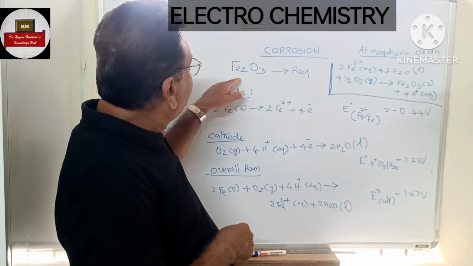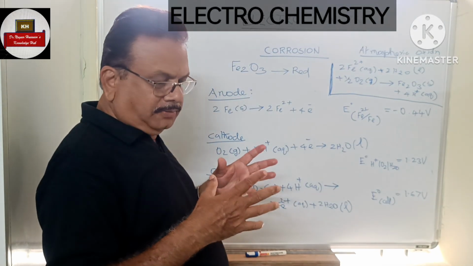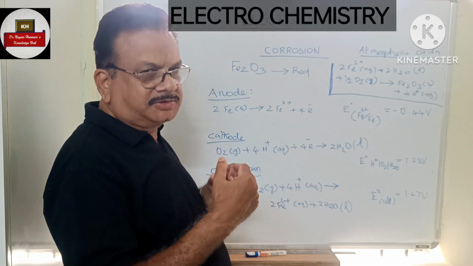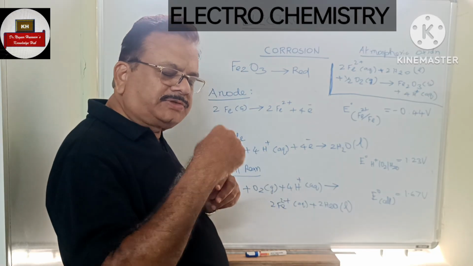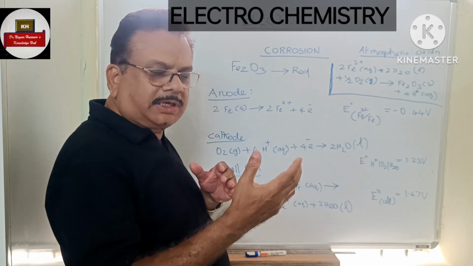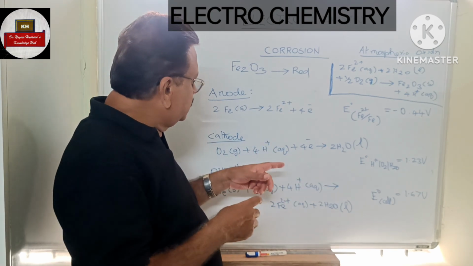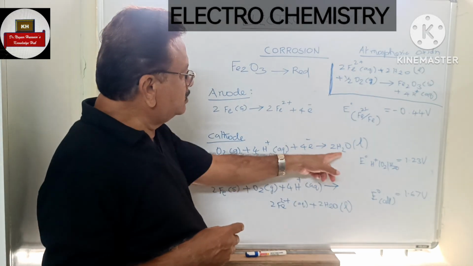How does this happen? Fe2O3 is the final product, which is the corrosion product. In the atmosphere, we have oxygen and H plus. H plus comes from carbonic acid. How carbonic acid? The atmosphere has carbon dioxide, and because of the carbon dioxide, in the atmospheric moisture it becomes carbonic acid. So it contributes H plus, and the atmosphere already has oxygen, so that gives water.